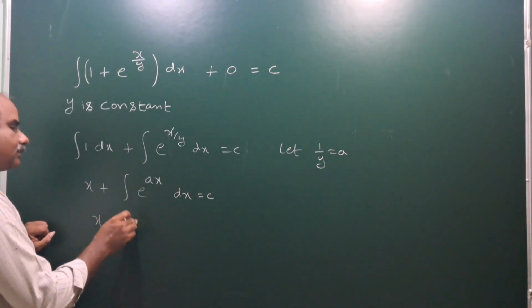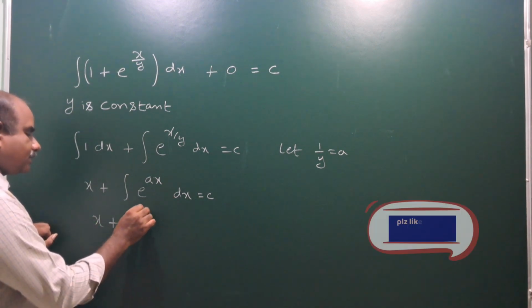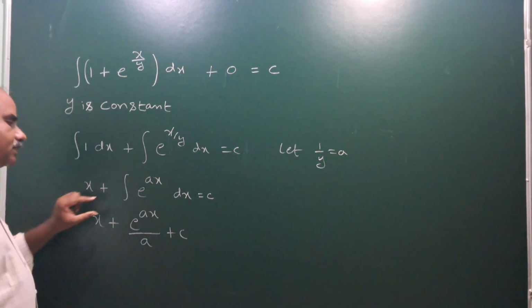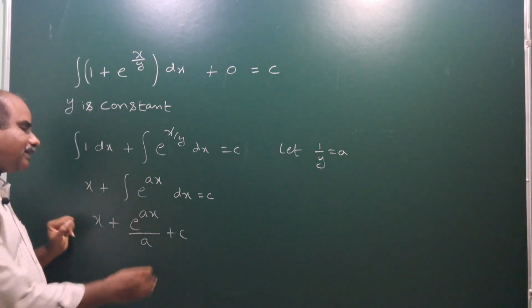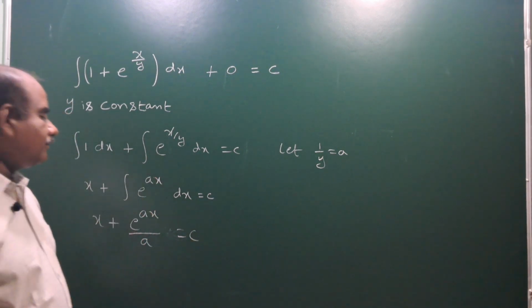Therefore x plus, and we know that integral e power ax dx means the formula is e power ax by a, which is the standard integral. Here a means 1 by y.